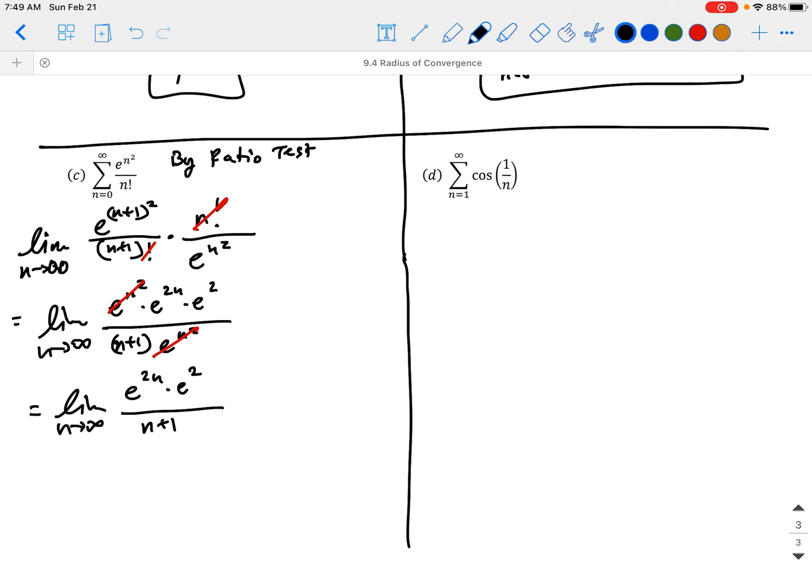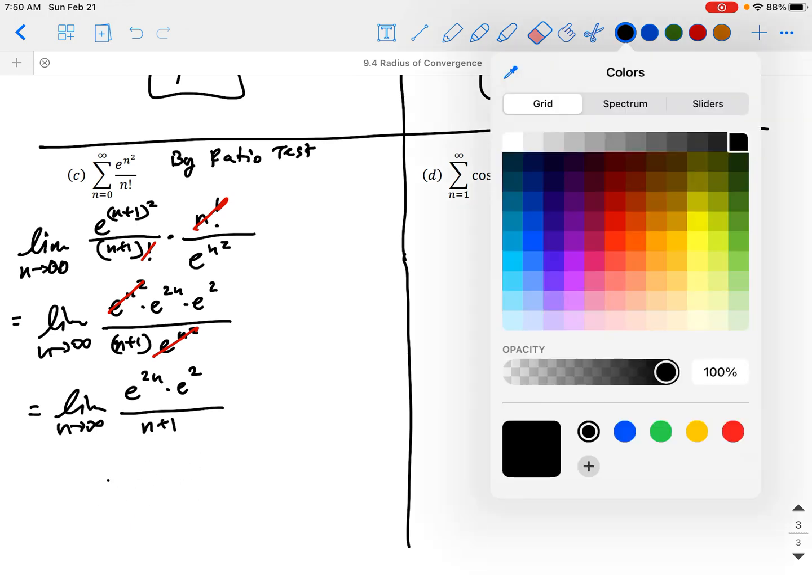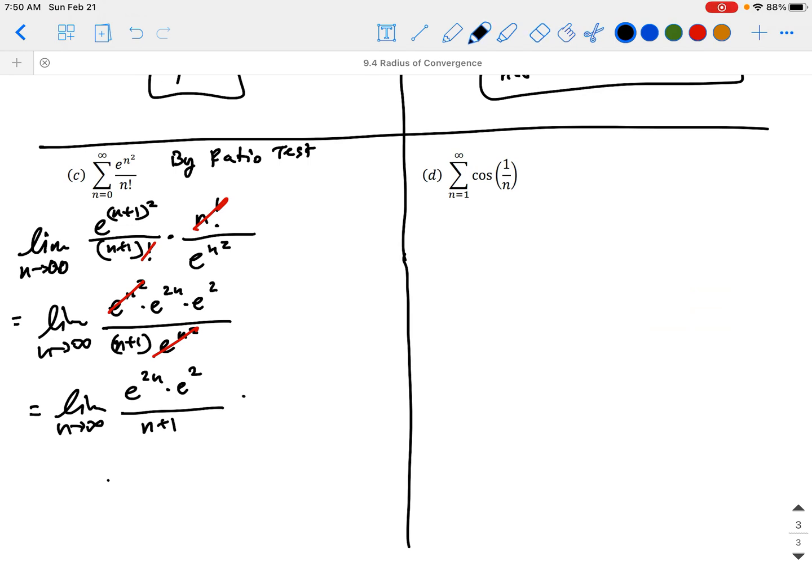And n plus 1. And again, we can apply L'Hopital if we wanted to. So we get 2e to the 2n over 1 times e squared. But again, if you see what the answer should look like, you can just jump to your final value, which is that this is going to equal infinity. So this does not exist.